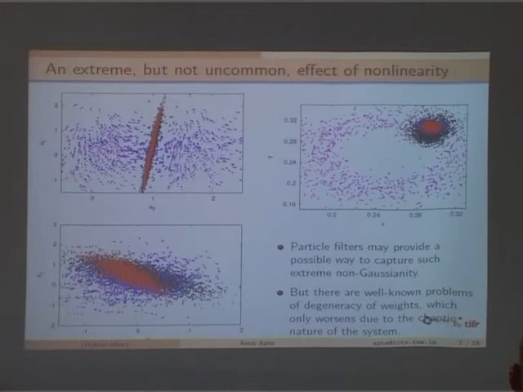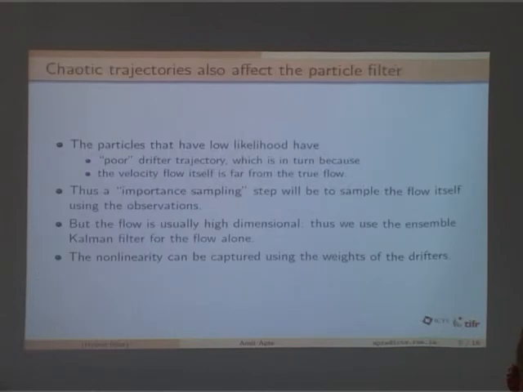So the ensemble Kalman filter is a bad idea, right? So let's try using particle filters. But of course, they still suffer from the problem of degeneracy of weights. The weights collapse onto a few particles, and you start losing. You have to do resampling and so on. This is also bad for a chaotic system. For particle filters, this is partly Elaine's work.